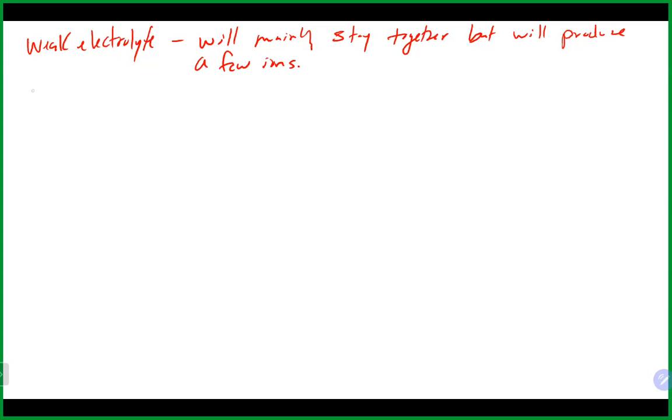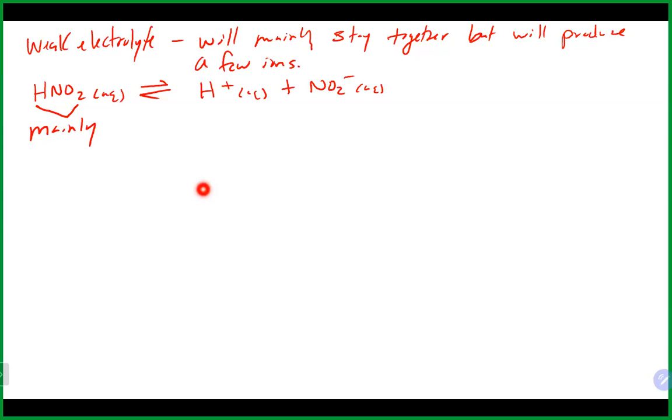So for example, if you took something like nitrous acid, which is a weak acid and also a weak electrolyte, it breaks apart into H plus and NO2 minus. And in this case, in solution, you mainly have this guy still together, and you have a few of these guys formed.